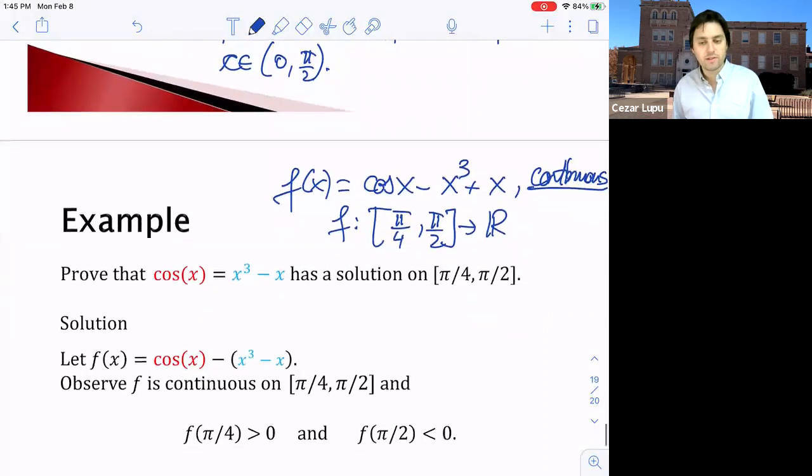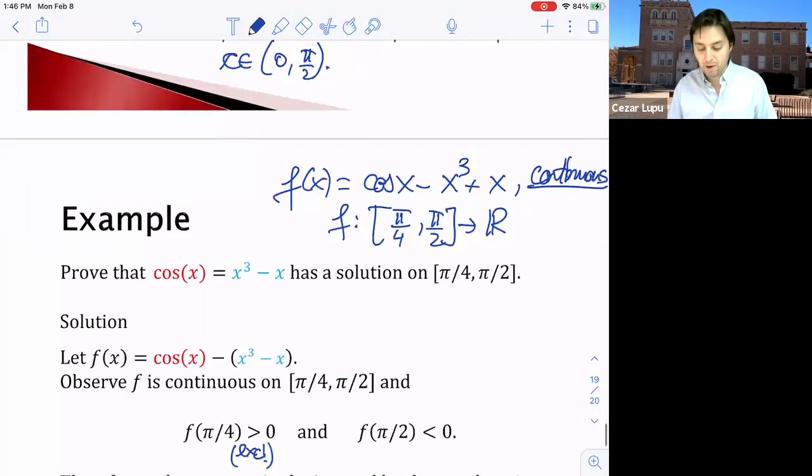And again, we will just evaluate the function at the endpoints of the interval, right? As you can see here, we evaluate f at pi over 4, and if you plug it in, and I'll leave this to you as an exercise, this goes back to the values of the trigonometric functions, right?